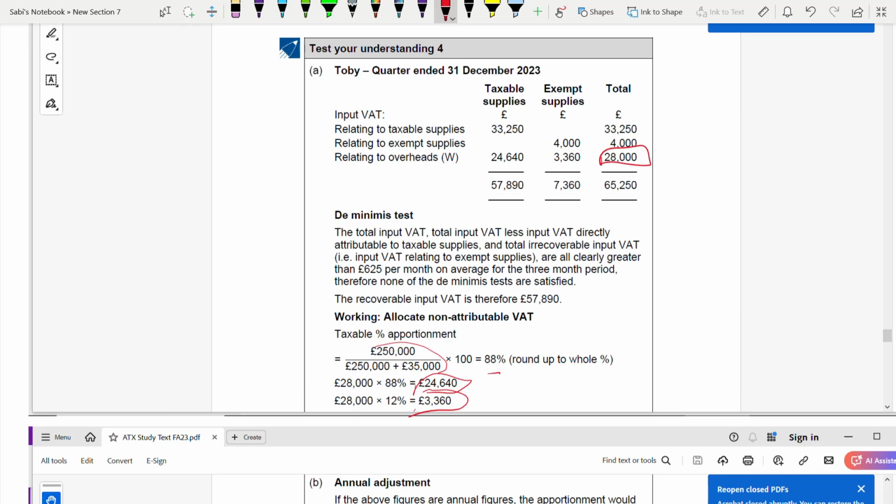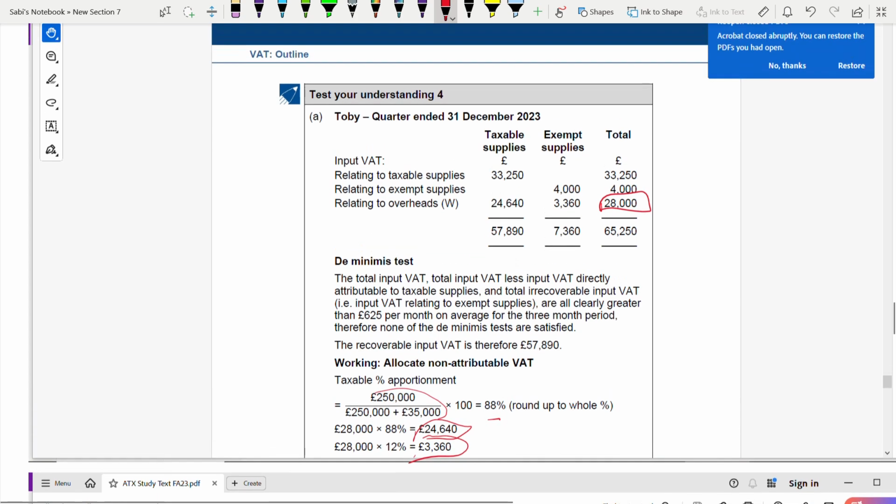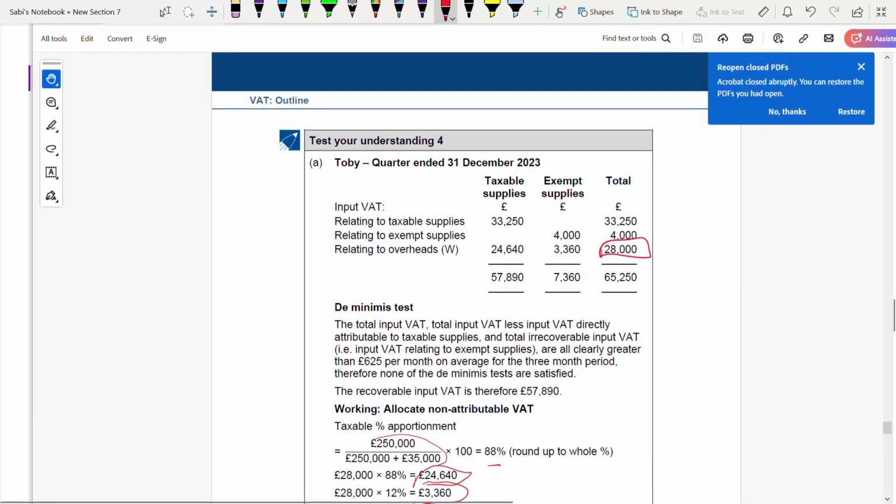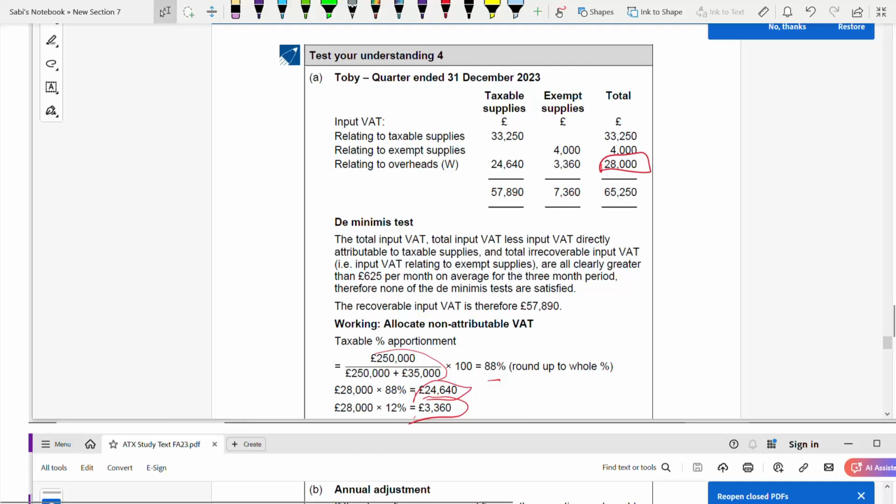So now you have done it. Here, the total input VAT less the input VAT directly attributed, if you see, is clearly greater than 625.